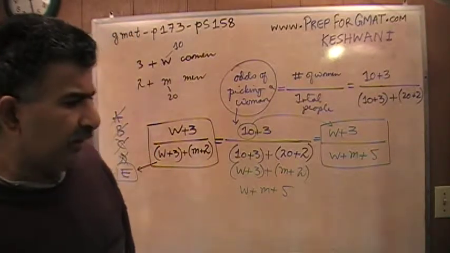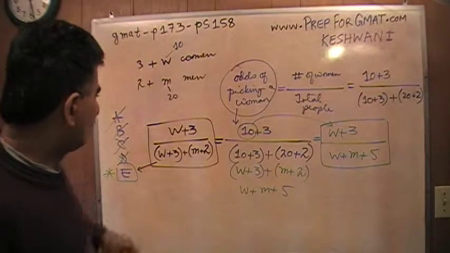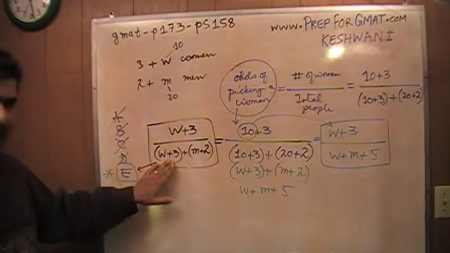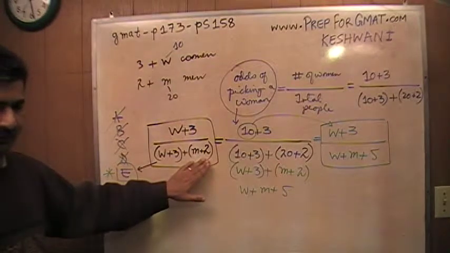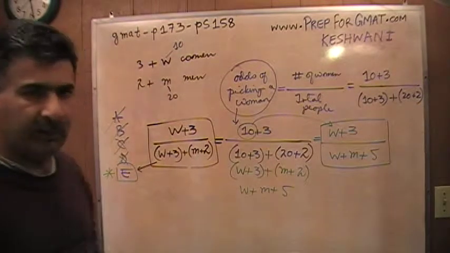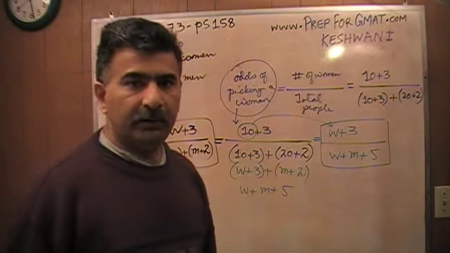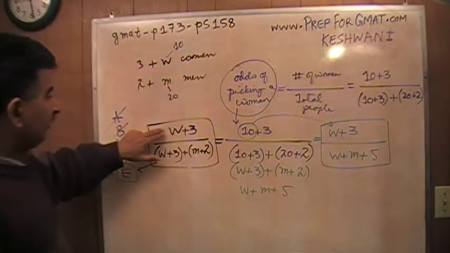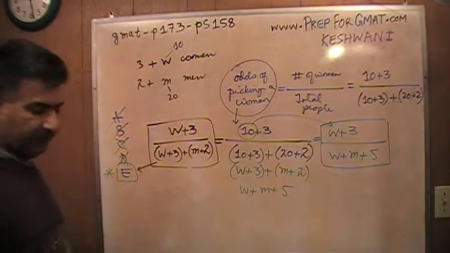So if you started out with the algebra, just keep on going. It's very straightforward. Total number of women over the total number of people, which is the total number of new women plus the total number of new men. And that's all. Those are the odds of picking a woman at random. If they were asking for the odds of picking a man at random, they would simply have M plus 2 on the top. Bottom will still remain the same.